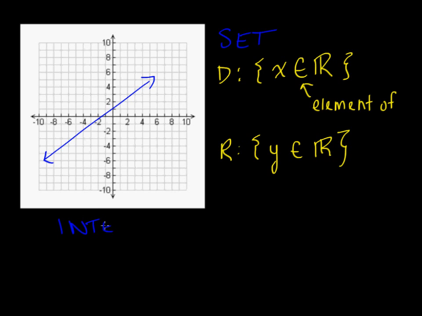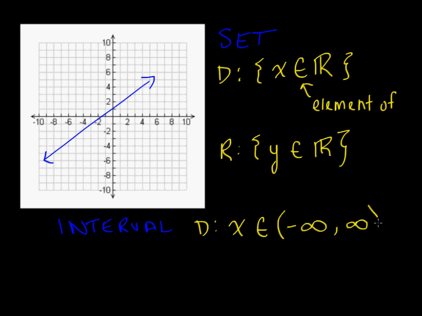Now, in interval notation, it looks a little bit different. So for interval notation, we're going to use the concept of the open bracket. We're going to list that as x is an element of, and you saw that up here as well, negative infinity to positive infinity.